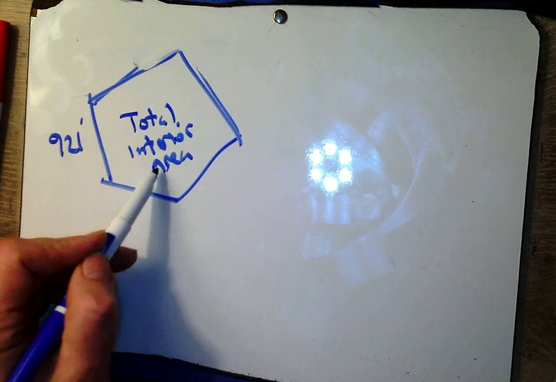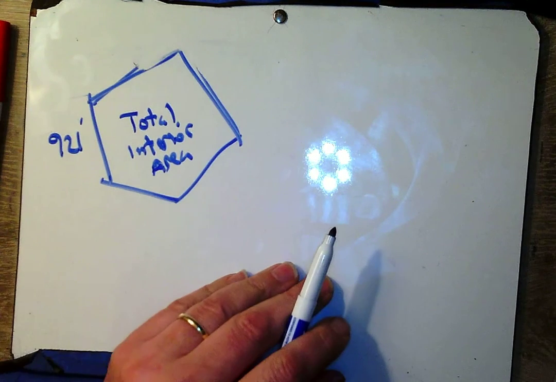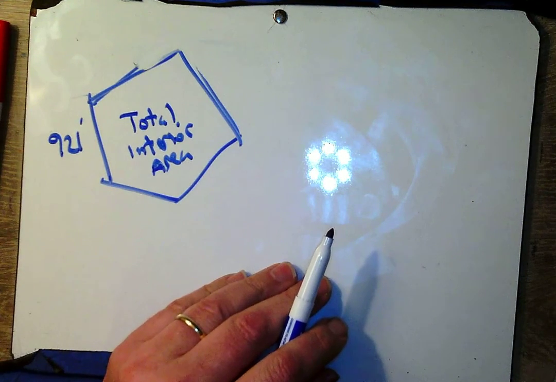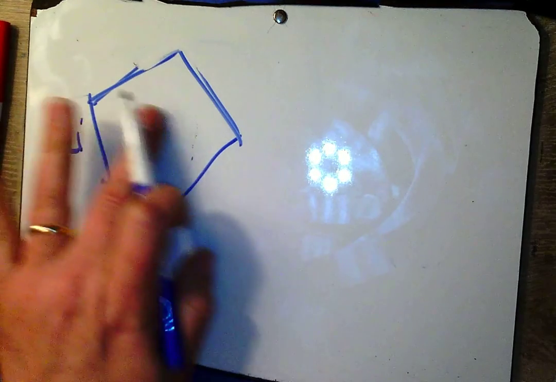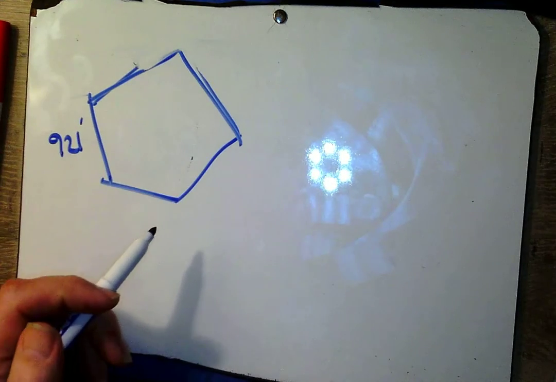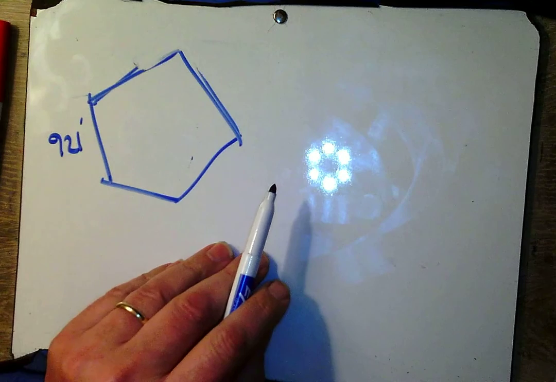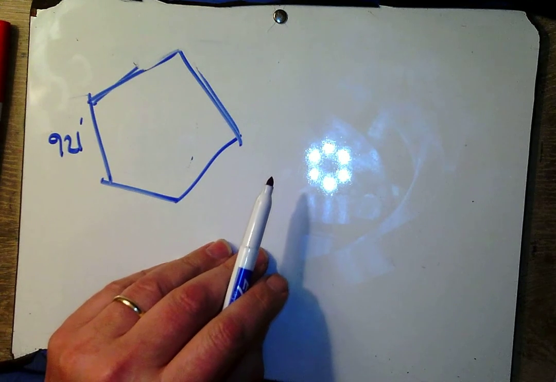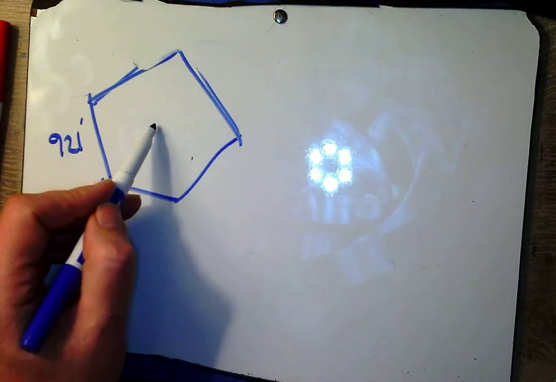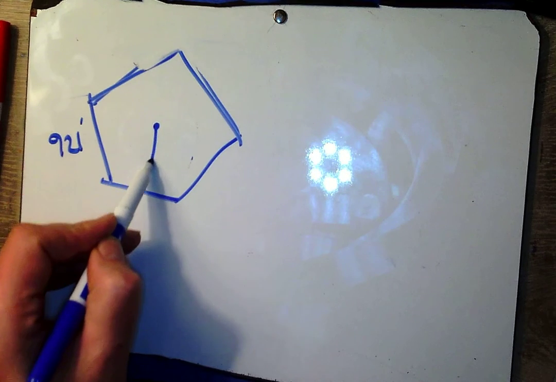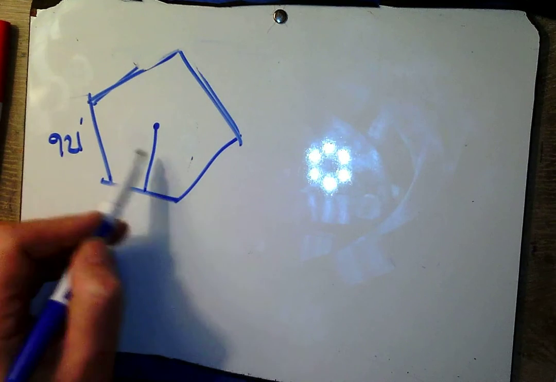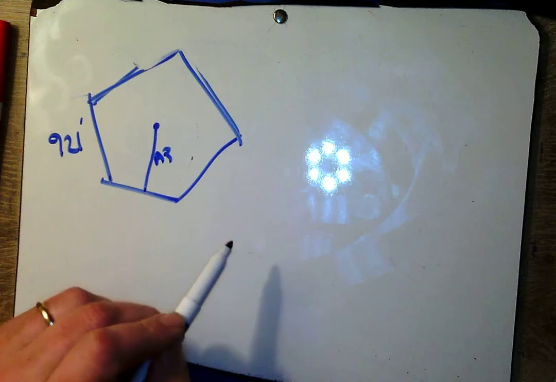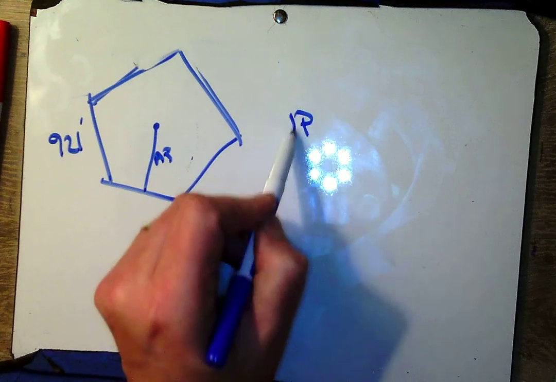And hopefully you did that with your geometry teacher. There's going to be some knowledge that we need to bring to these regular polygon area problems, the first of which is that line that I'm using AP for.